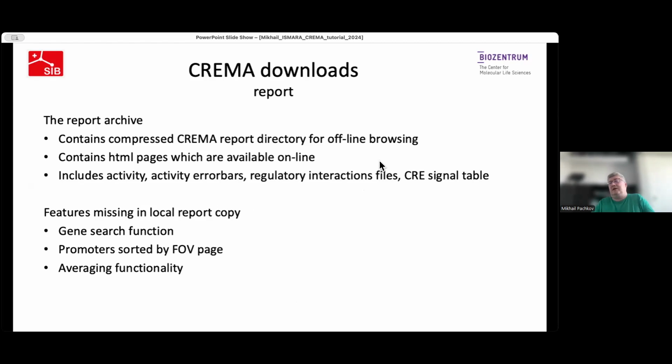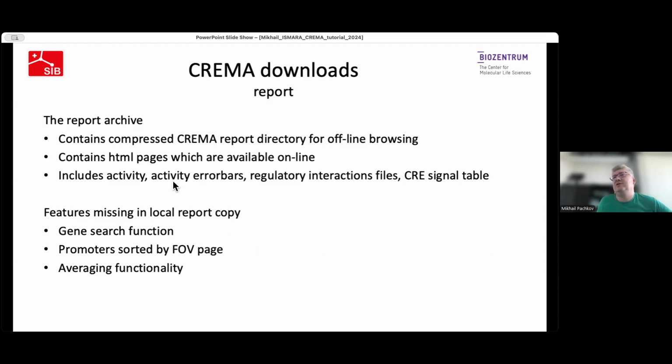Finally, like for ISMARA, the CREMA report contains all the information which you have online, like HTML pages and pictures. It also contains CRE information in GFF format, and binding site predictions you can also find there.